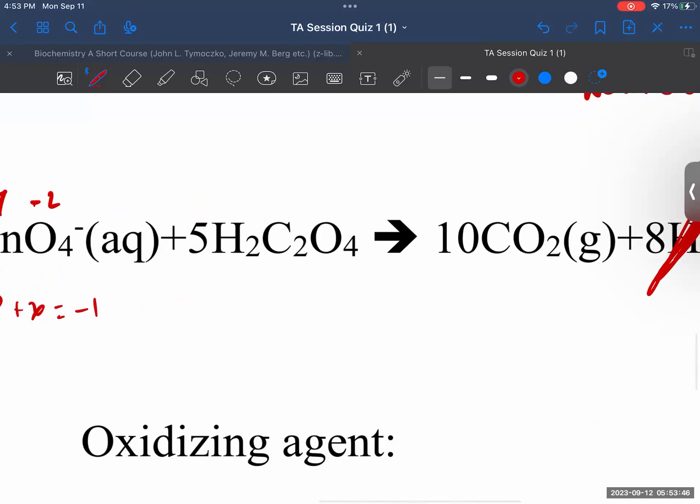All right, for this oxygen, what is it? -2. What about for the hydrogen? +1. Hydrogen's always +1 unless it's bonded to what?